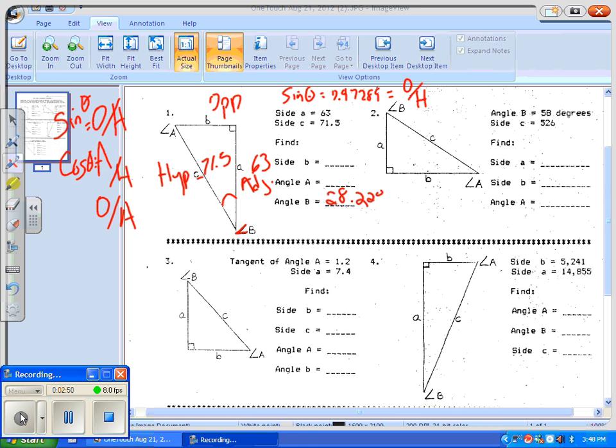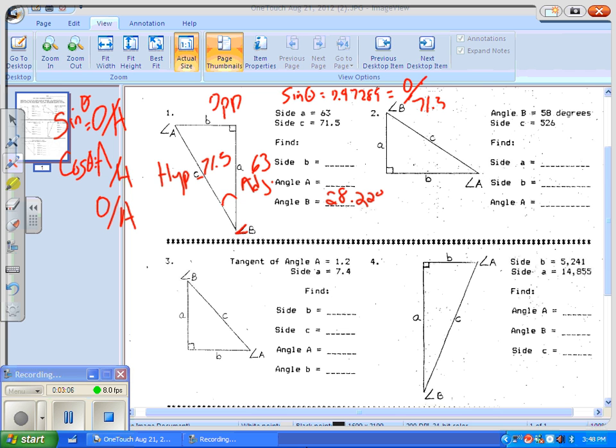We're looking for the opposite, but we know the hypotenuse. So we're going to plug in the hypotenuse, which is 71.5. Now we see that we have O over 71.5.